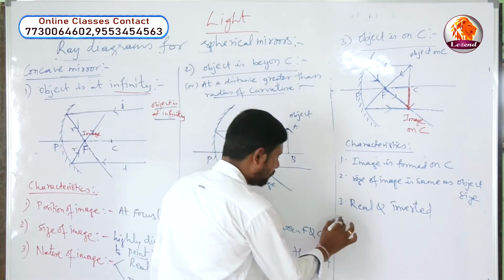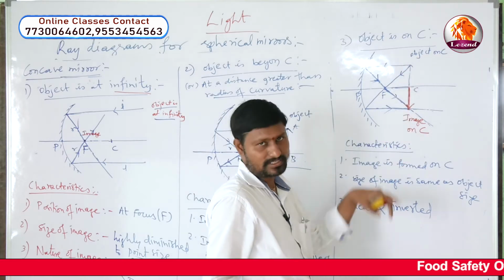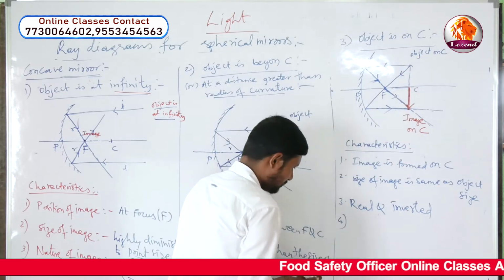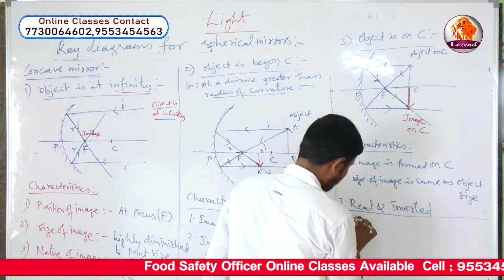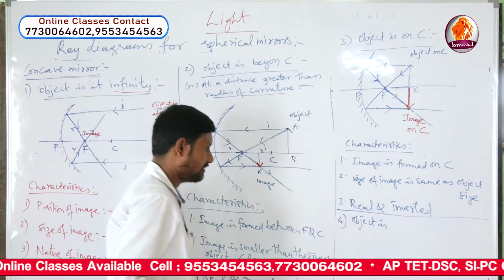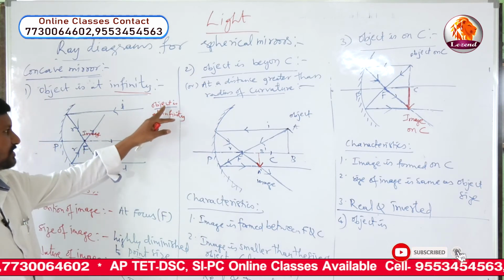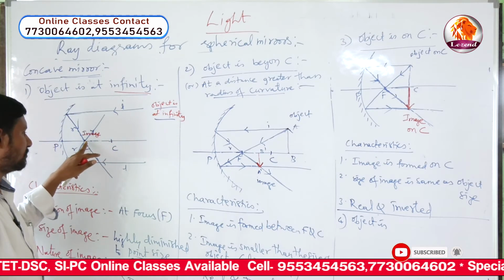And next, the fourth position is the object is placed between F and C. So when the object is between F and C, let us see. First position: when the object is at infinity, image is formed at focus.